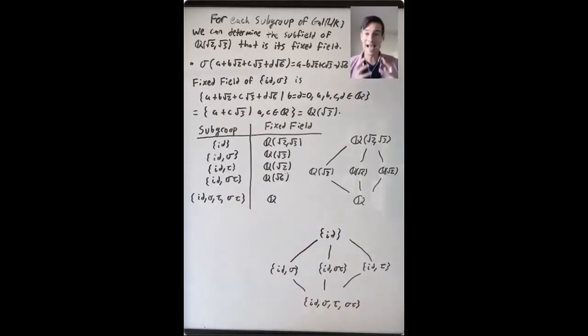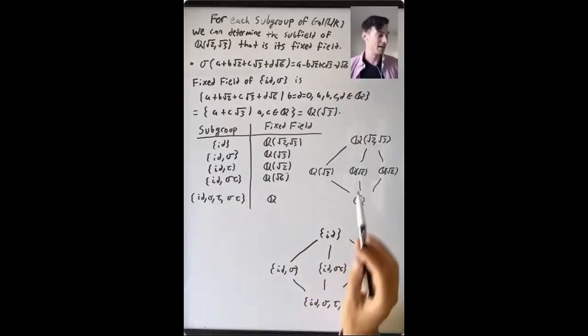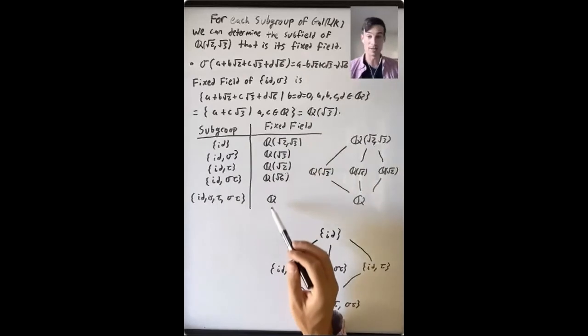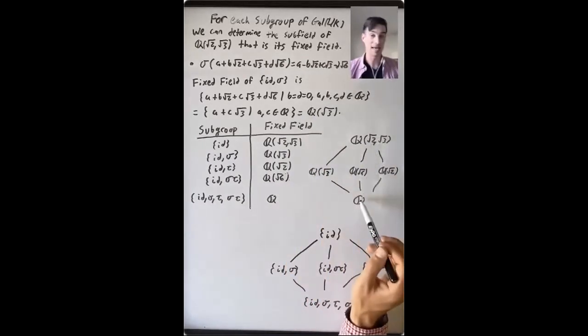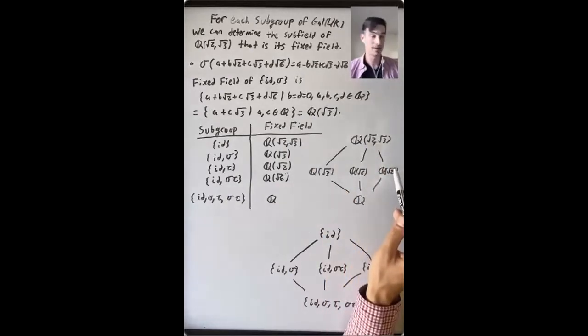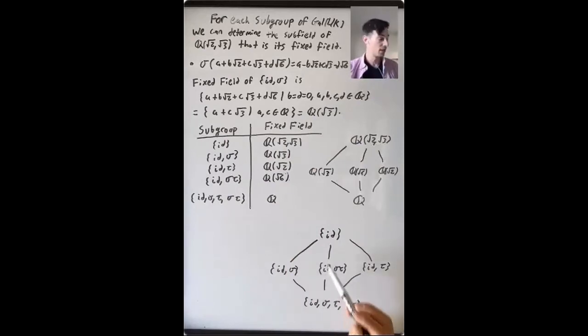So the last thing that I want to do is write down this diagram showing these fields. So L at the top, K at the bottom, and then subfields in between L and K. And then write down this Galois group at the bottom, the identity at the top, and this diagram of subgroups of this Galois group.